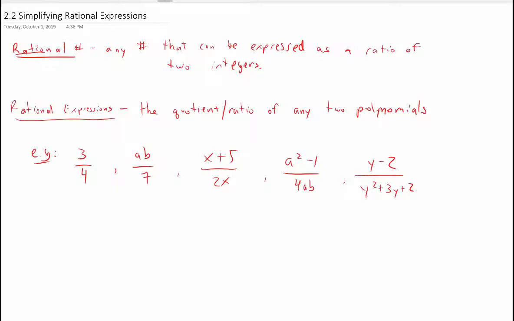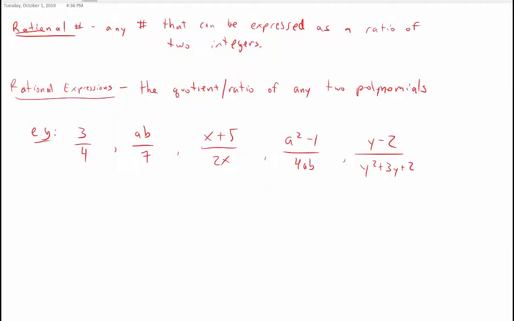Okay, and there's one very important possibility we need to watch out for in a rational expression. Knowing that we have variables in the denominator, there will be some values of the variable that would cause the denominator to equal 0, but we know that if a fraction has a denominator that is equal to 0, we call that expression undefined.